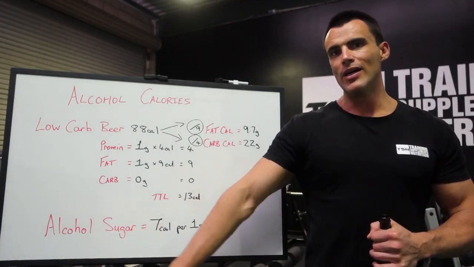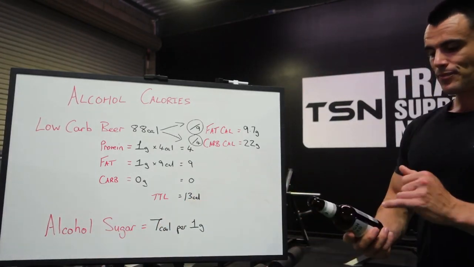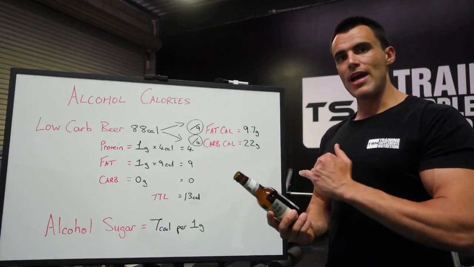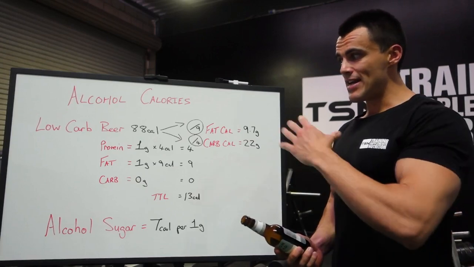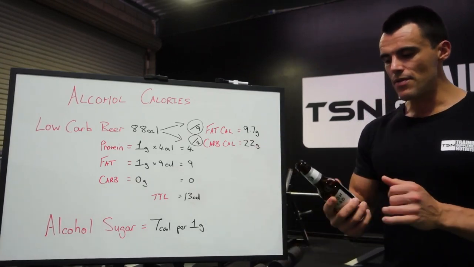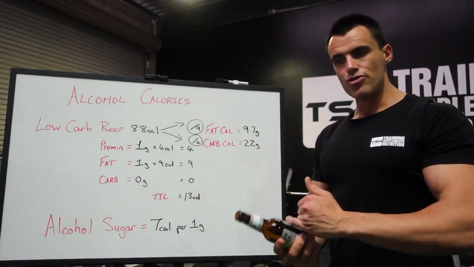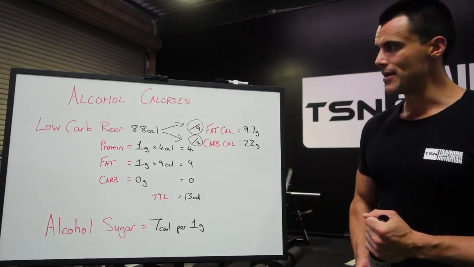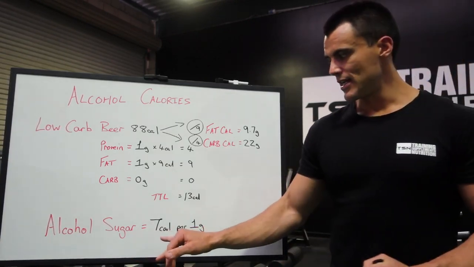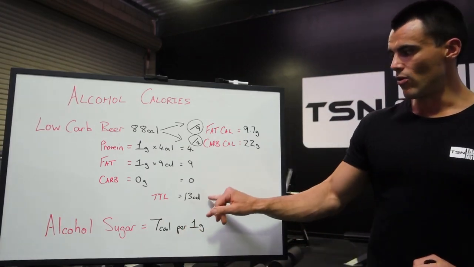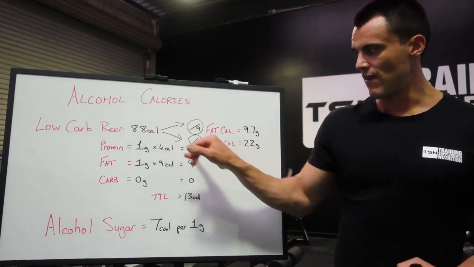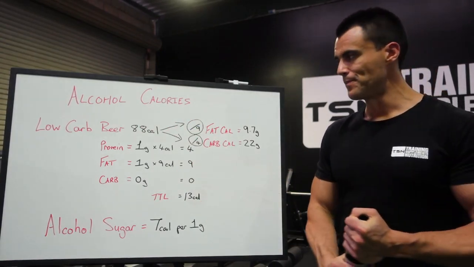Sugar alcohol. Guys, in the labeling guidelines, sugar alcohol is more often than not listed, creating this confusion, thinking that you can consume X amount of drinks and get away with it. Now, sugar alcohol contains 7 calories per gram of sugar alcohol, which would make sense as far as where this gap is coming from.